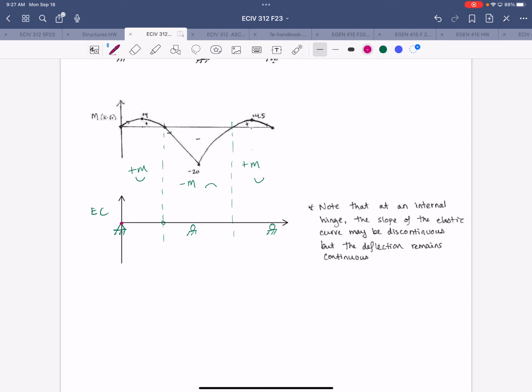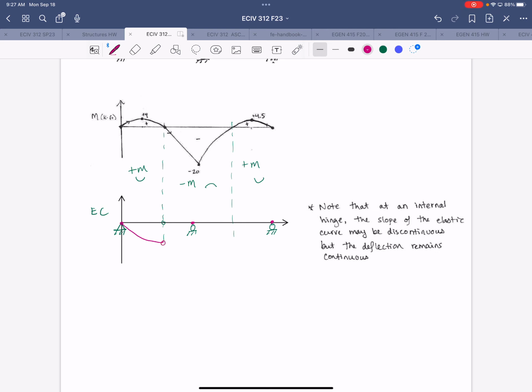All right, so noting that it has to be 0 at the location of the supports, but since these supports are all pins and rollers, we can have rotation at those points. So the first inflection point is the hinge. At the hinge, the elastic curve will have discontinuous slope. So I'm going to draw it very exaggerated, but show you what I mean. So we start off concave up. All right, so it could look something like that.